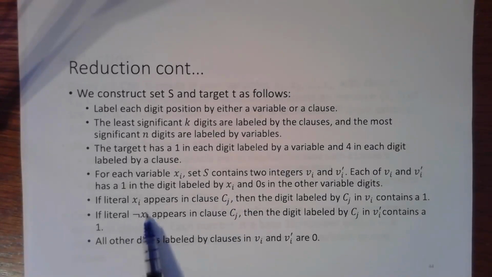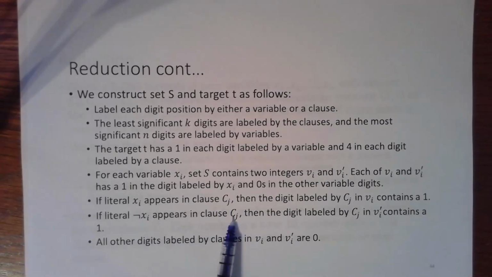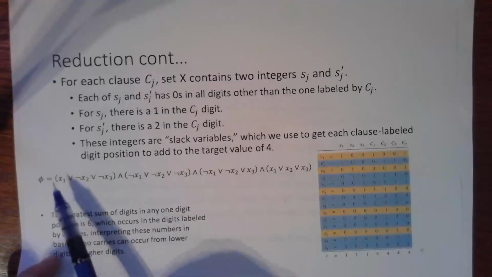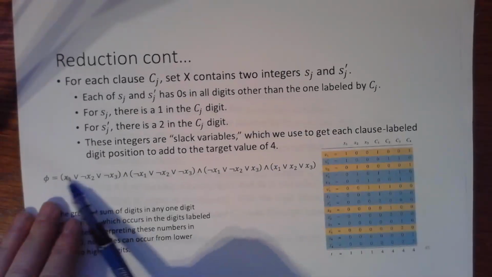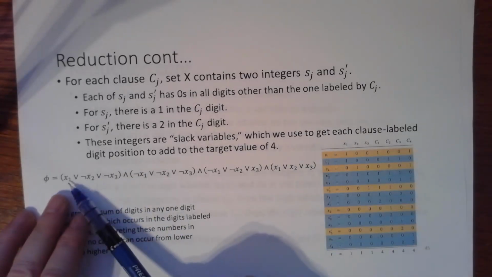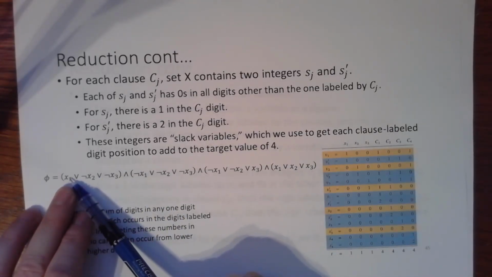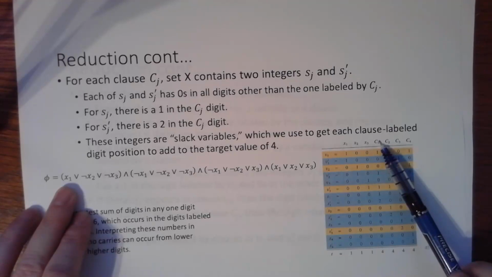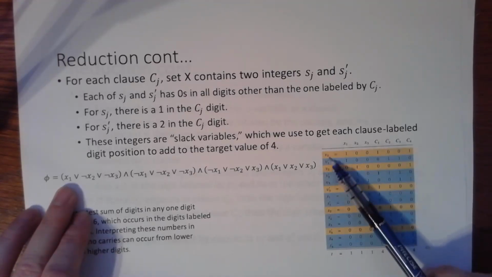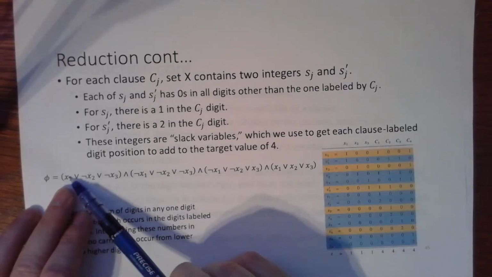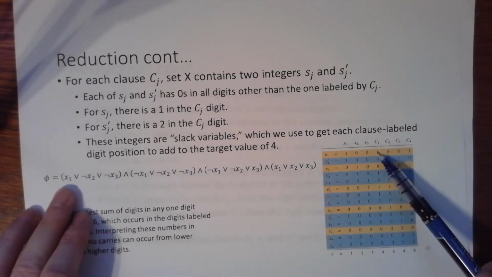And if the negation of the literal appears in a clause, then there's going to be a 1 in the vi prime. So let's look at that. Here's our example. Here's clause 1. 1 appears in its unnegated form. So if I go to clause 1 and look at variable 1, it's unnegated, so there's a 1 in v1.